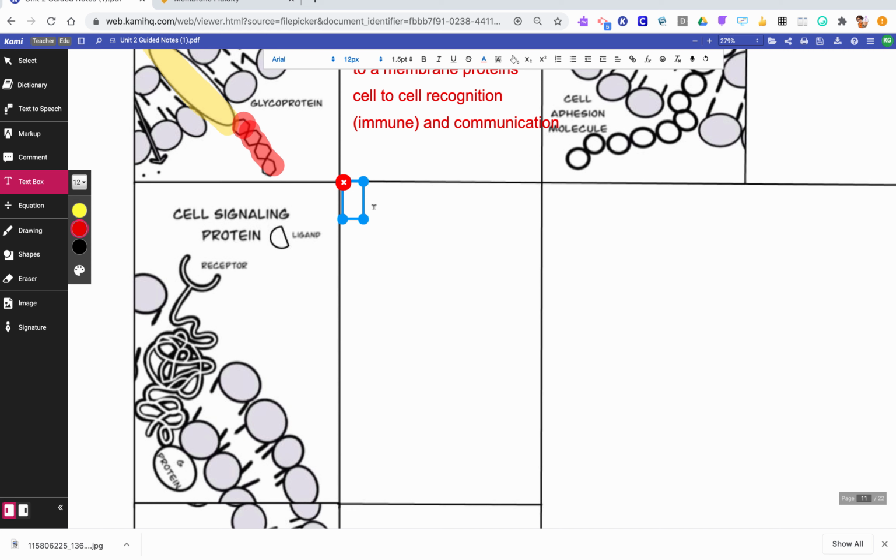So in cell signaling, there are going to be receptors that are usually membrane bound, and the receptors are going to receive a cellular chemical message that is then going to activate another response within the cell. Sometimes it's almost like a chain reaction that is going to send a signal.